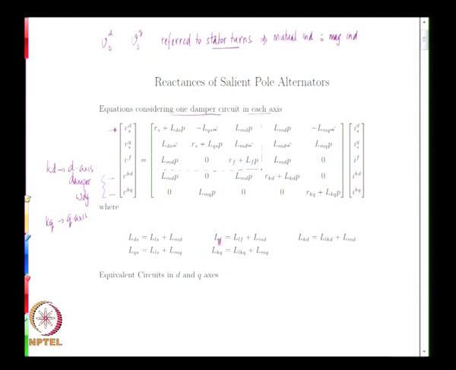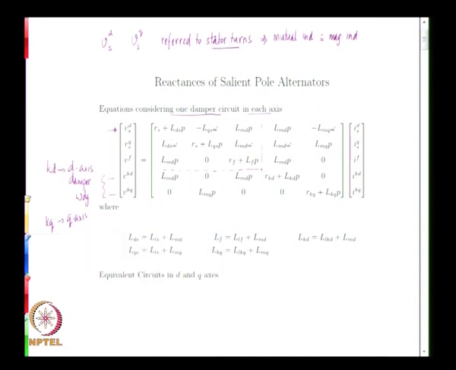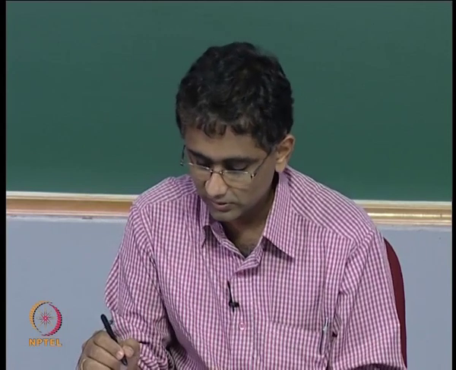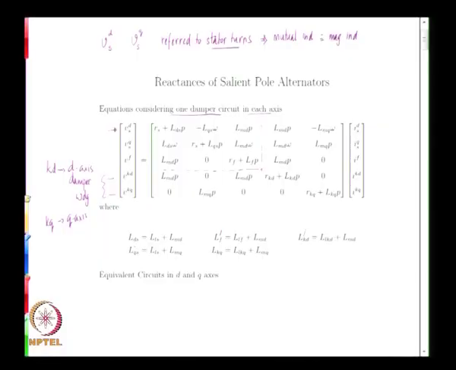Similarly for the field, these are inductances which are referred to stator turns. In the earlier notation we used to write this as Lf dash, dash meaning it refers to the stator, the inductance referred to stator turns, and similarly this would have been called Lkd dash, this would have been Lqs and Lkq dash.